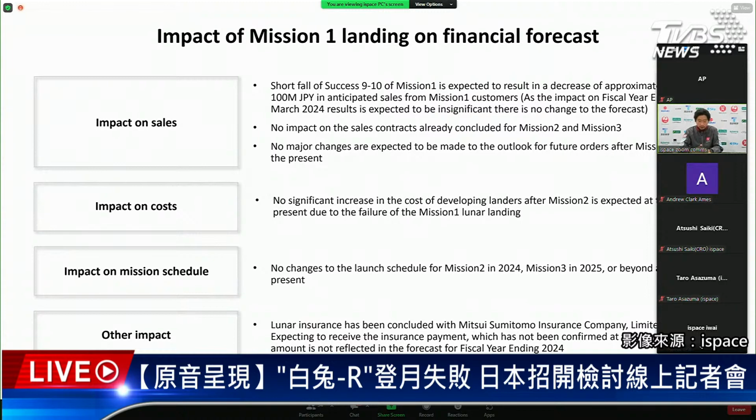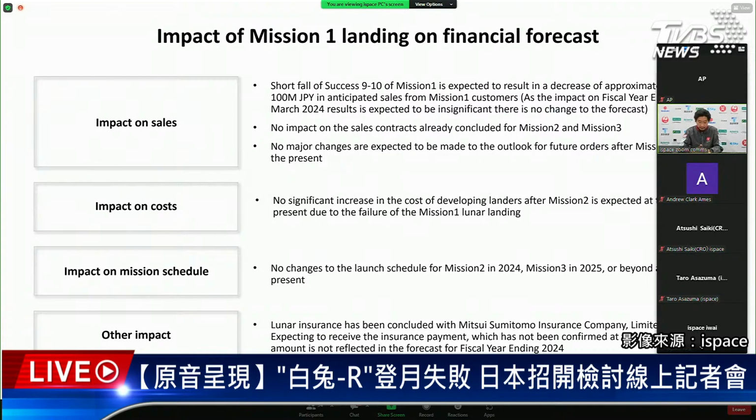We also don't have any impact on the sales contracts already contracted for Mission 2 and Mission 3, and we don't expect any major changes to the outlook of future orders for Mission 2 and further missions. On the cost side as well, as Ryo explained briefly, we don't expect any significant increase in cost.